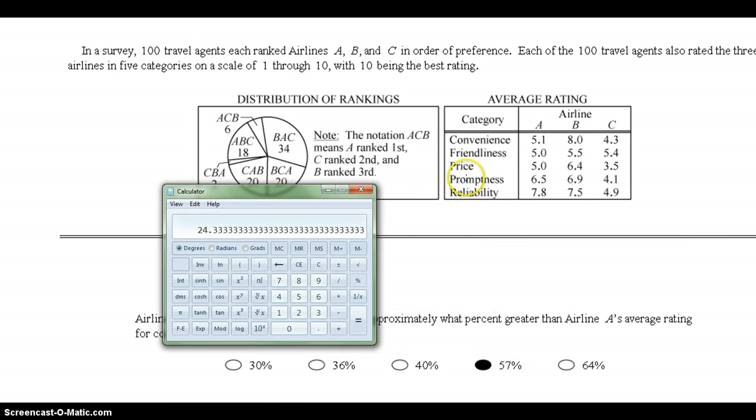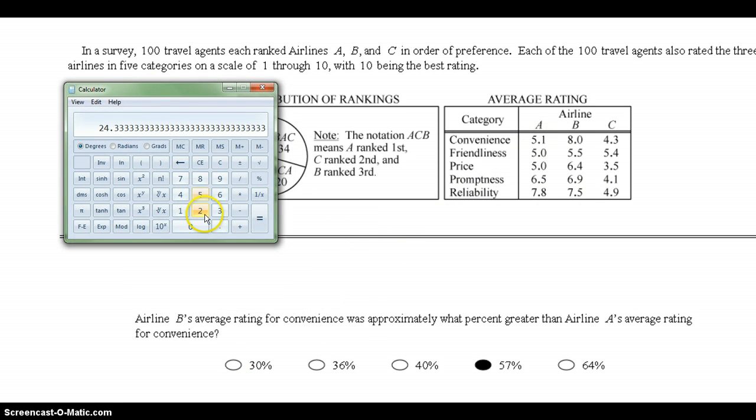So first we would subtract the two, 8 minus 5.1, and that would give us 2.9. And then we put that difference over the base rate, which would be A's convenience, 5.1. So 2.9 divided by 5.1, and that'll give us 0.57, or 57% greater.